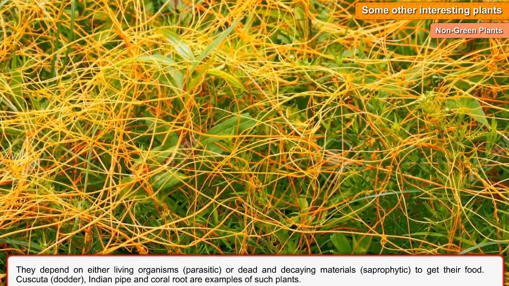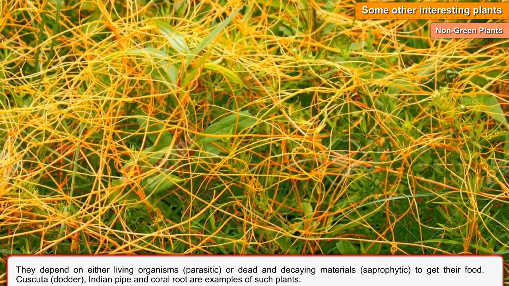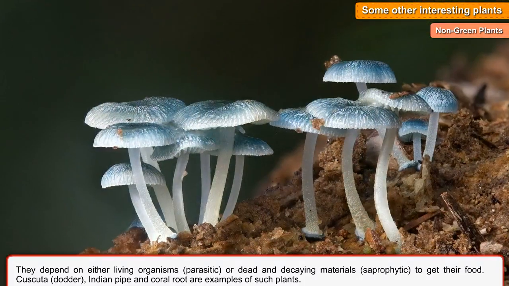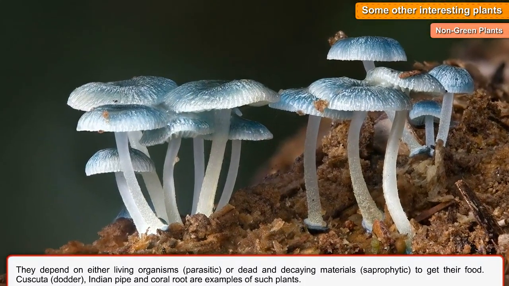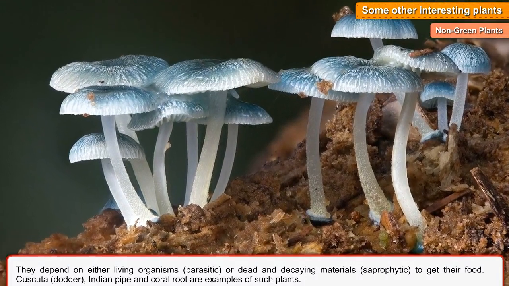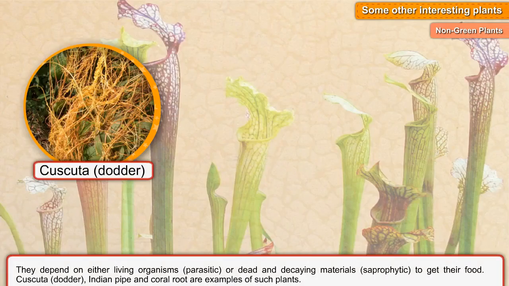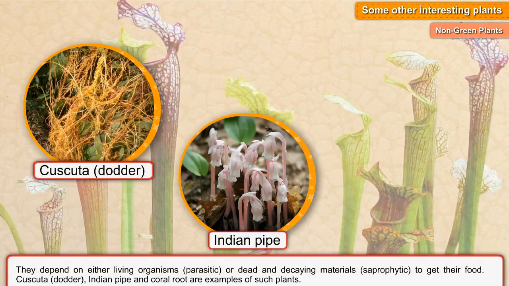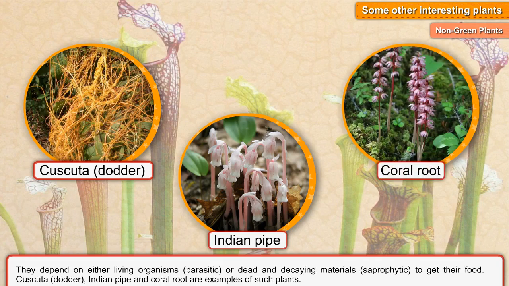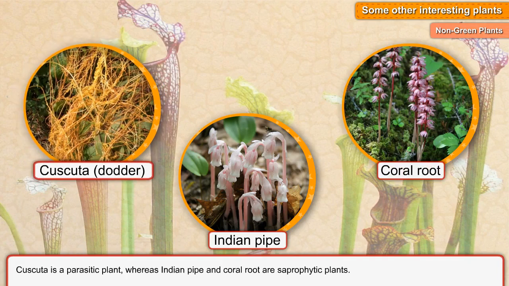They depend on either living organisms, parasitic, or dead and decaying materials, saprophytic, to get their food. Cuscuta, dodder, Indian pipe, and coral root are examples of such plants. Cuscuta is a parasitic plant, whereas Indian pipe and coral root are saprophytic plants.